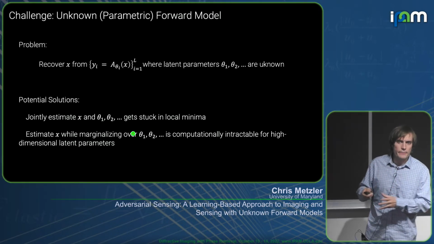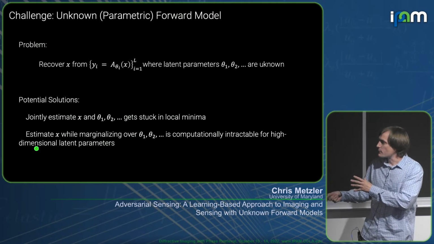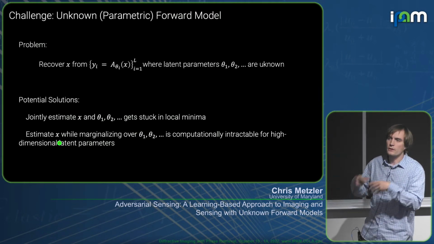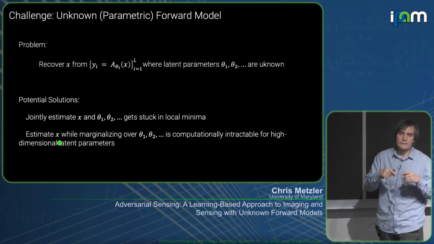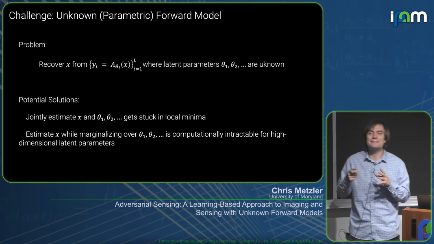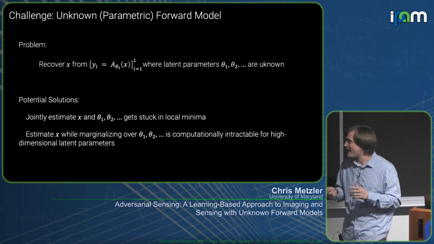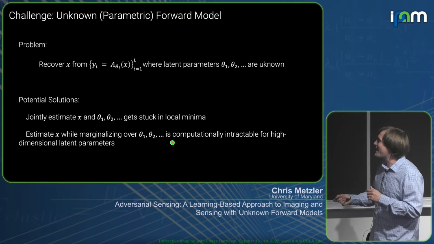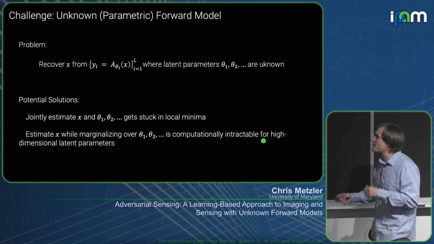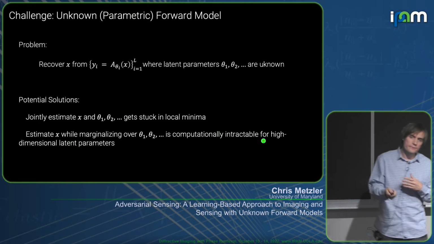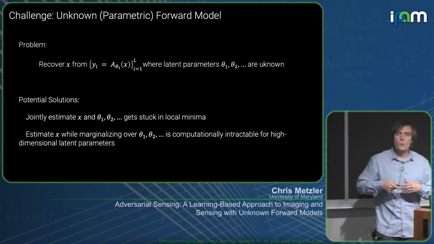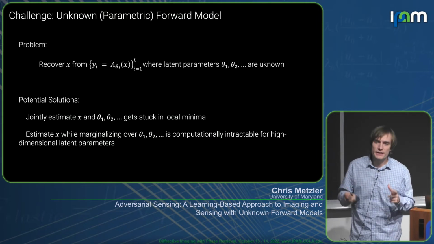In this particular motivating example, this would likely be enough. There's x and y, and the dimension of the latent variable isn't very high. But as we'll see, this quickly becomes computationally intractable for other inverse problems with unknown forward models, where the latent parameter space is much, much higher dimensional.